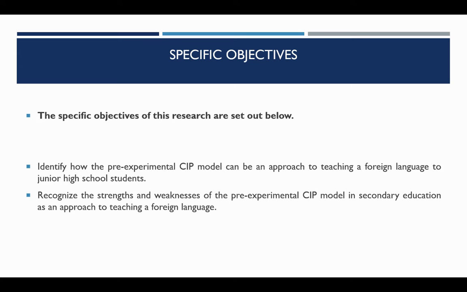The specific objectives of this research are set out below. First of all, identify how the pre experimental CIP model can be an approach to teaching a foreign language to junior high school students. Second of all, recognize the strengths and weaknesses of the pre experimental CIP model in secondary education as an approach to teaching a foreign language.